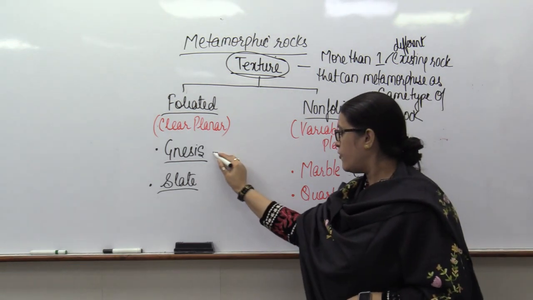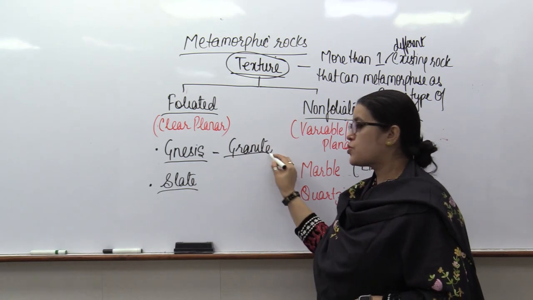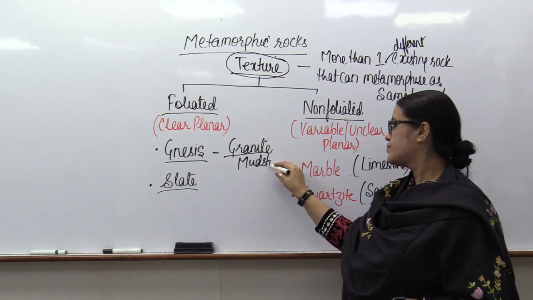Gneiss is essentially formed by metamorphism of granite, but it can also form by metamorphism of mudstone.